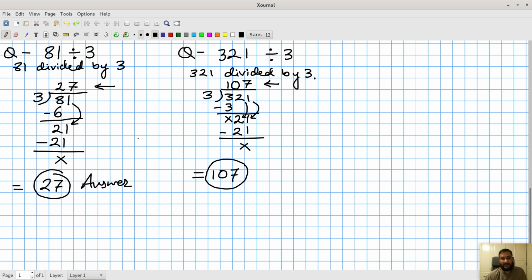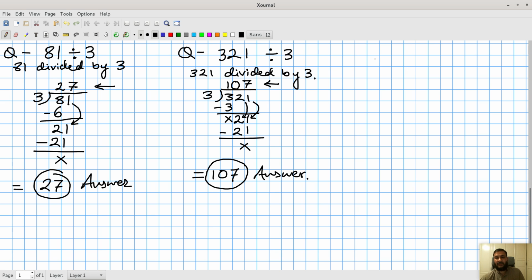And you can always reverse check, you know. You can always double check your answer. So let's say you want to verify whether you got the correct answer or not, right? So what you do is just simply reverse the process, and I'm going to do it here.